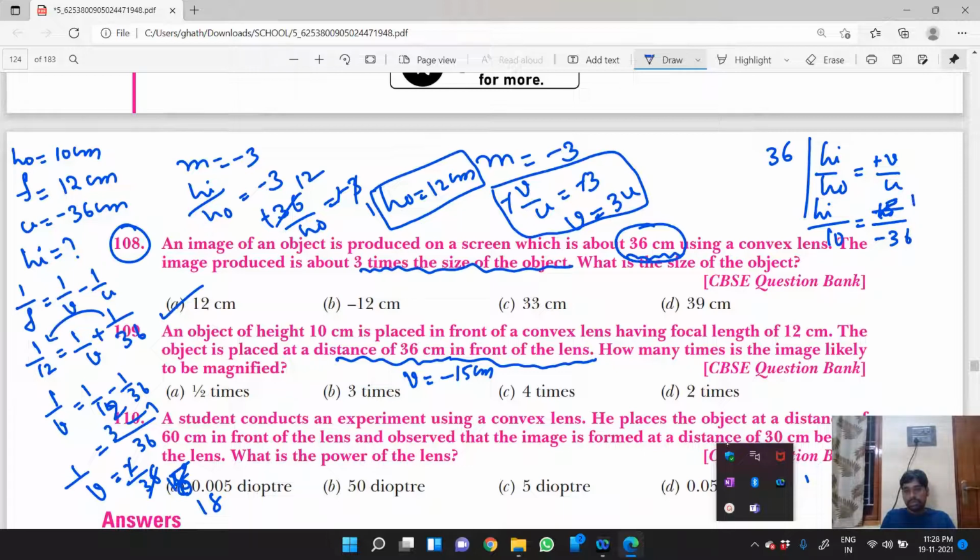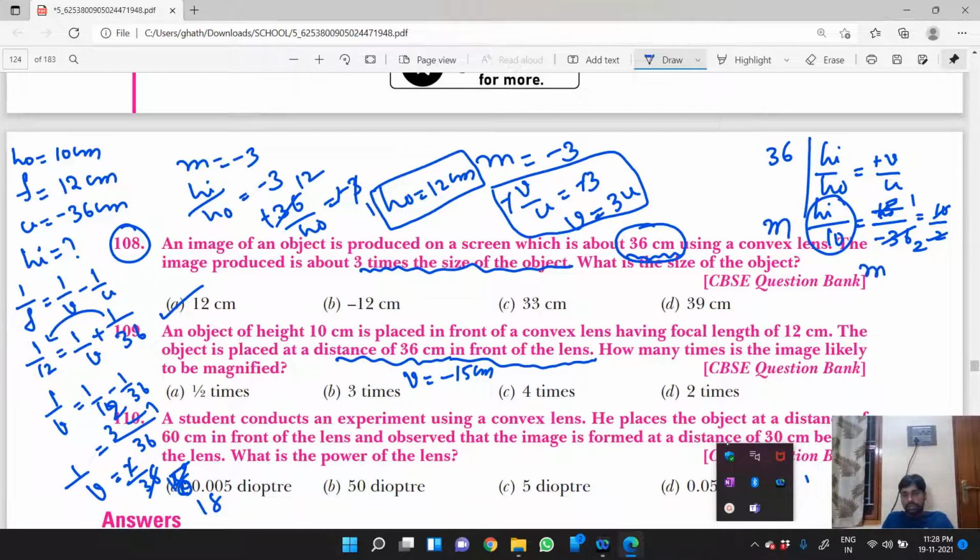So 1 by 2. Here, how many times magnified, we just need the magnification.